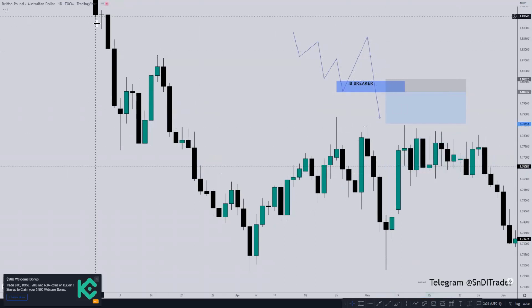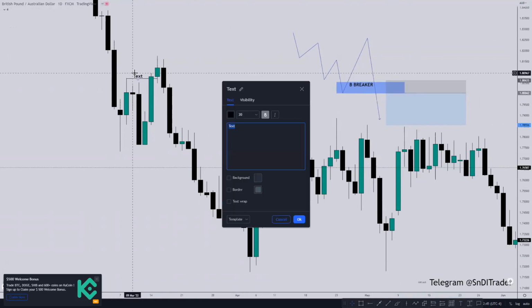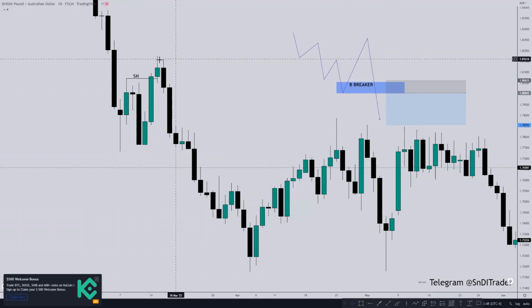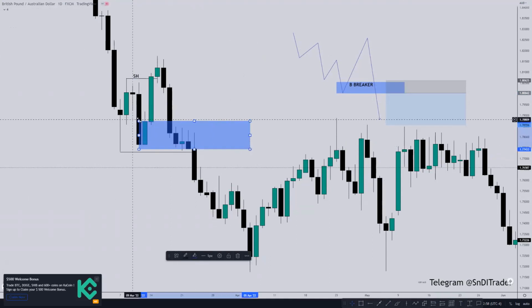Same thing here. Lower low, lower high, lower low, lower high, lower low, higher high. There was some kind of liquidity right here, a stop hunt, and BMS towards the downside. So this last bullish candle became a breaker block.